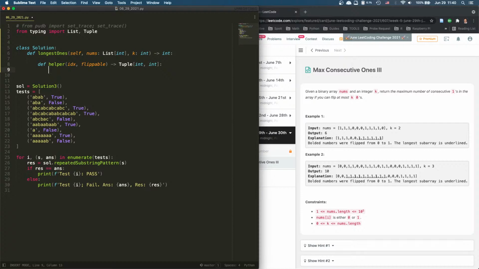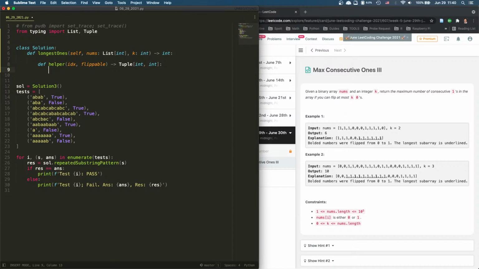So basically it's this index. We say, if, what happens when it's 1?